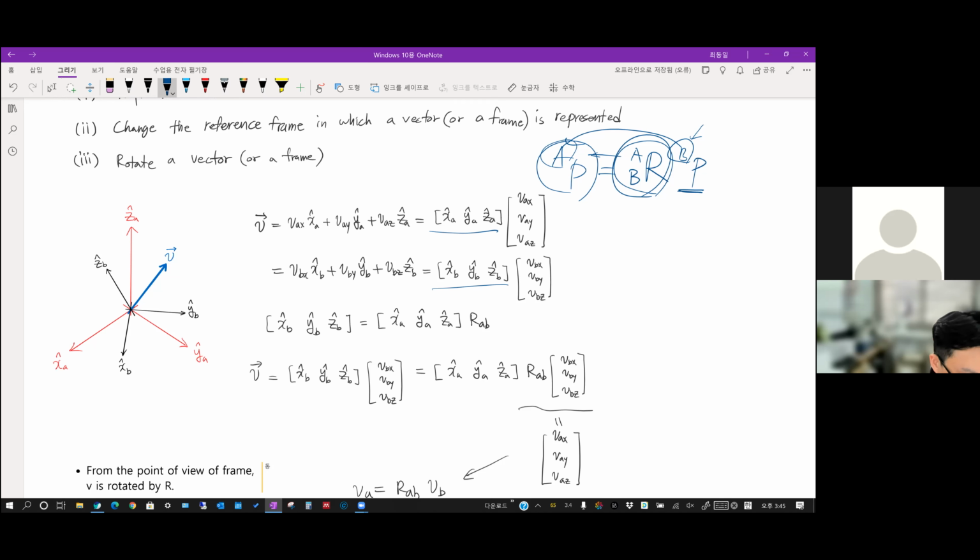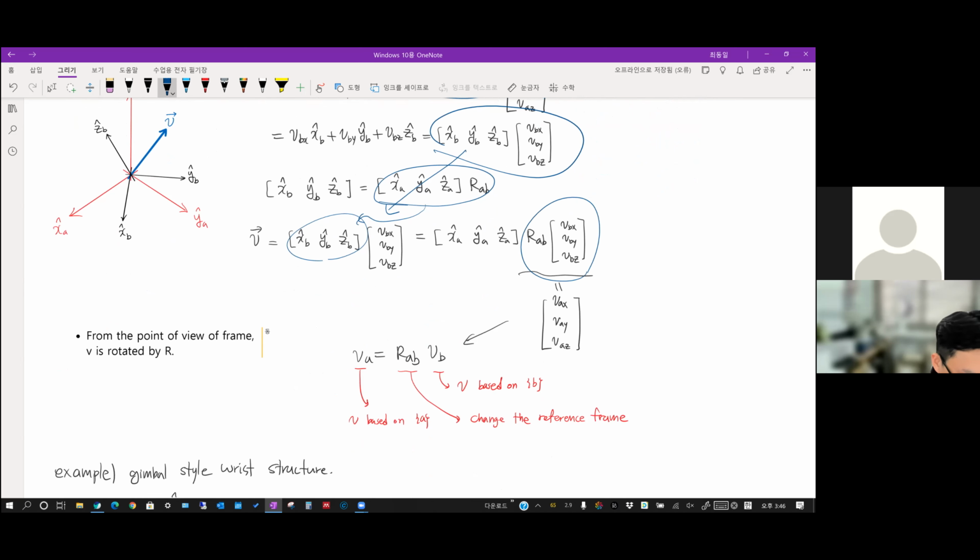And here, by using rotation matrix, we can write down this equation. If we use this equation here, and here we input this one, then it becomes like this.